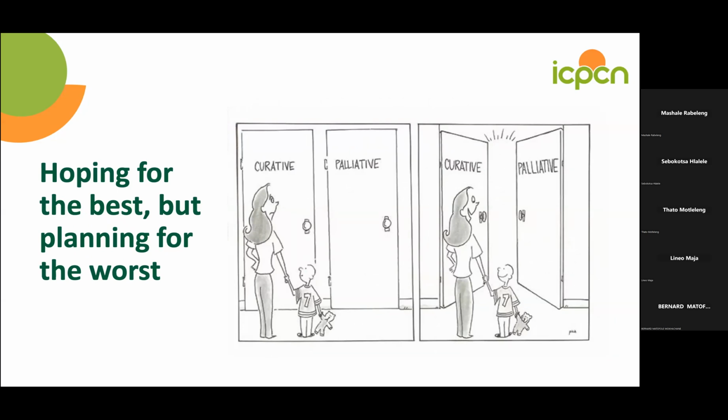In talking with families of children perhaps who've got cancer, we might be saying that we're hoping that this chemotherapy is going to cure your child, but at the same time we need to plan for the fact that it might not do so, or that there might be severe complications and side effects. So throughout the process, we can be hoping for the best, but planning for the worst.